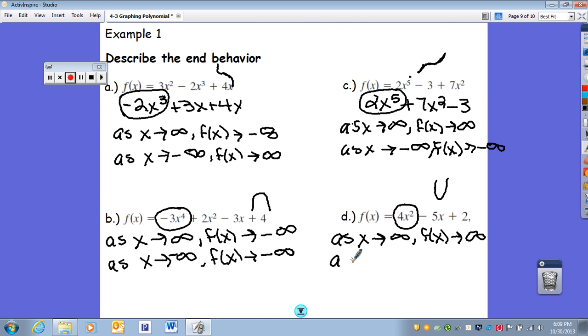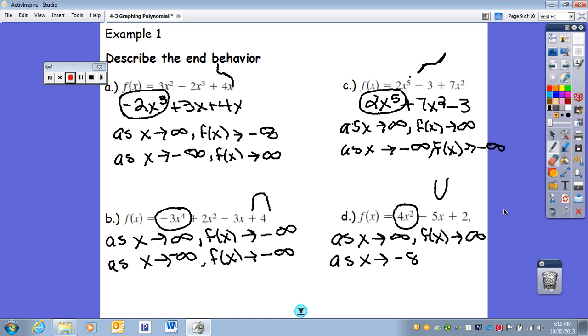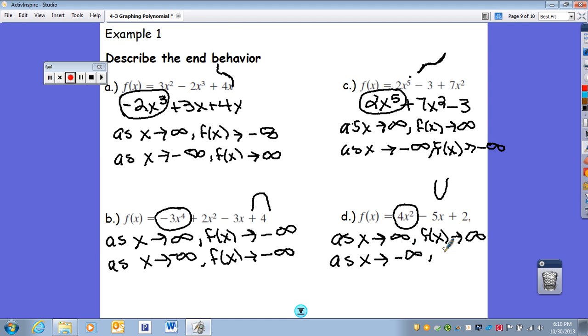And as our x approaches negative infinity, our f of x value also is going to approach positive infinity. Whoop, that should be positive infinity.